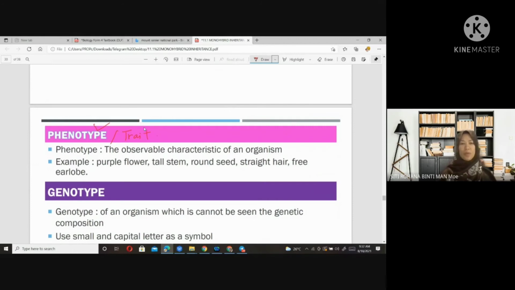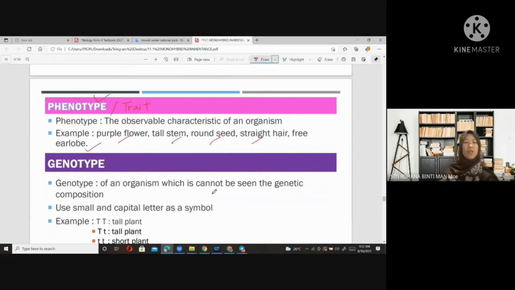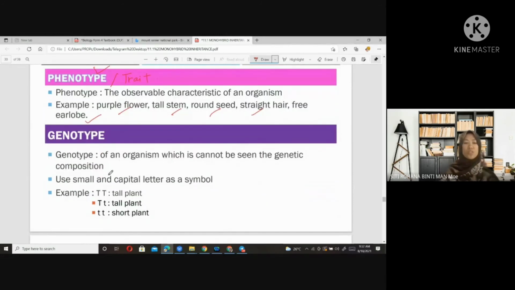Okay, example, purple flower, tall stem, round seed, straight hair, free earlobe. And genotype, genetic constituent, cannot be seen. Okay, genetic composition. Nampak yang awak sebut tadi, allele semua ni, tapi kita kena guna genotype bila buat schematic diagram. Okay, capital T for tall plant, capital T small t, still tall plant.